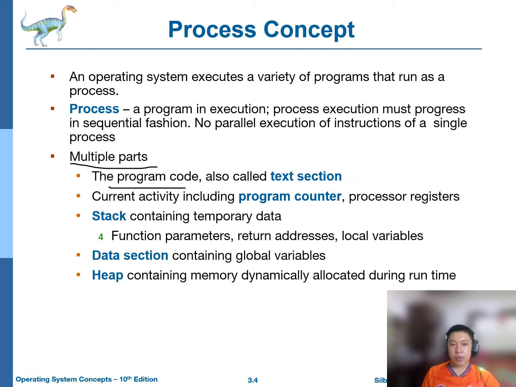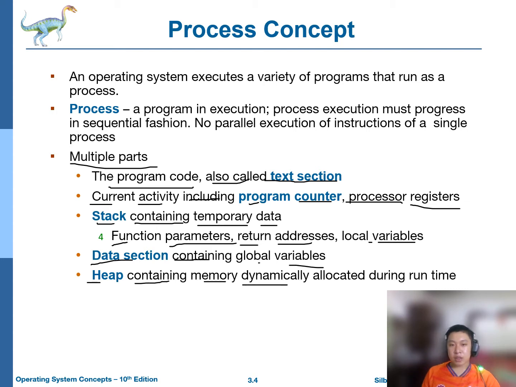The program code is also called the text section. The current activity includes the program counter and processor registers. The stack contains temporary data such as function parameters, return addresses, and local variables. The data section contains global variables. The heap contains memory dynamically allocated during runtime.